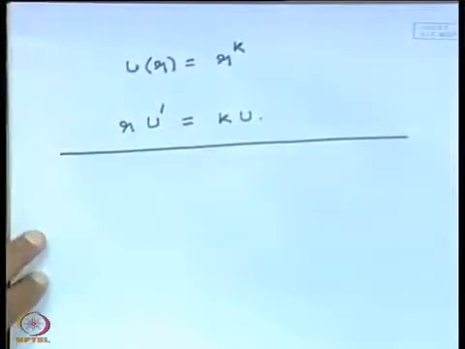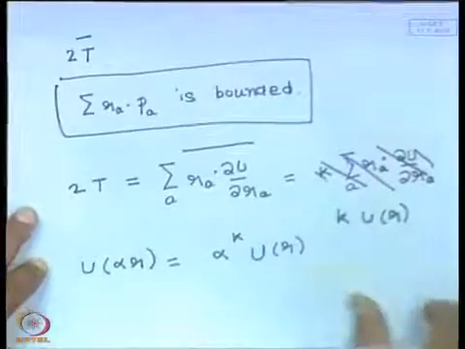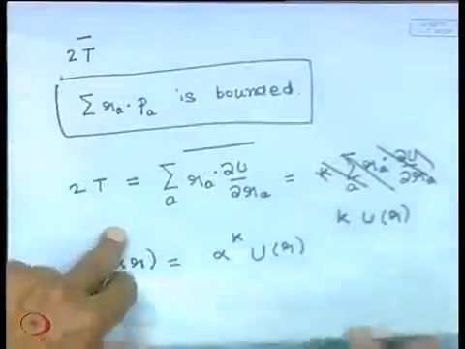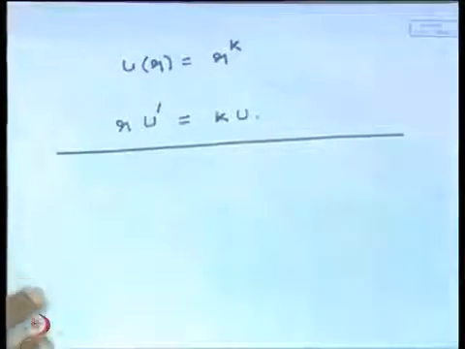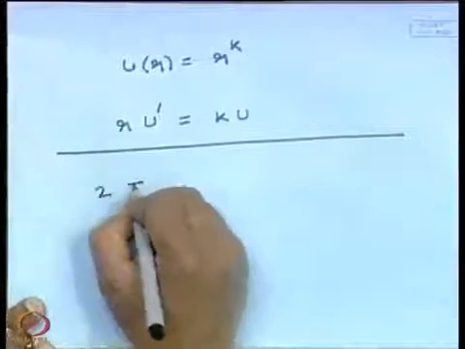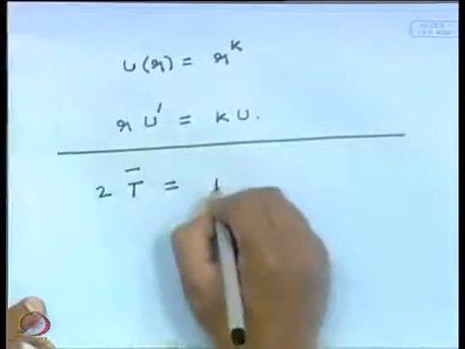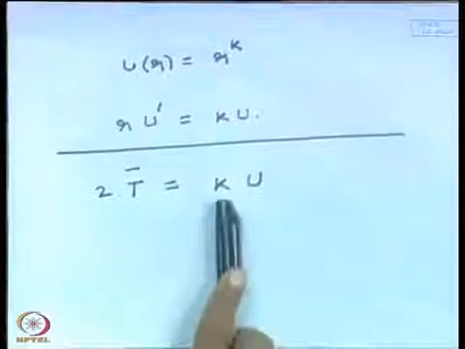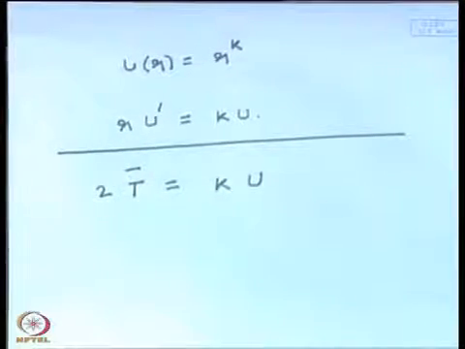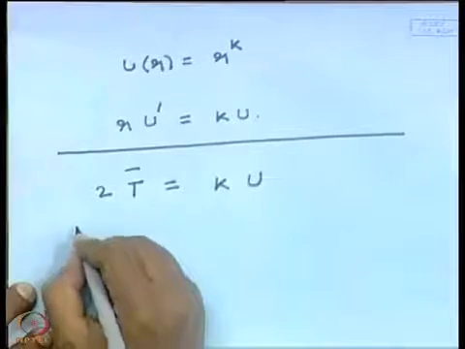So what we get from this is that twice the average kinetic energy is k times the potential energy, where the potential is homogeneous of order, degree k, in the variable r. So let us now apply this to gravity.